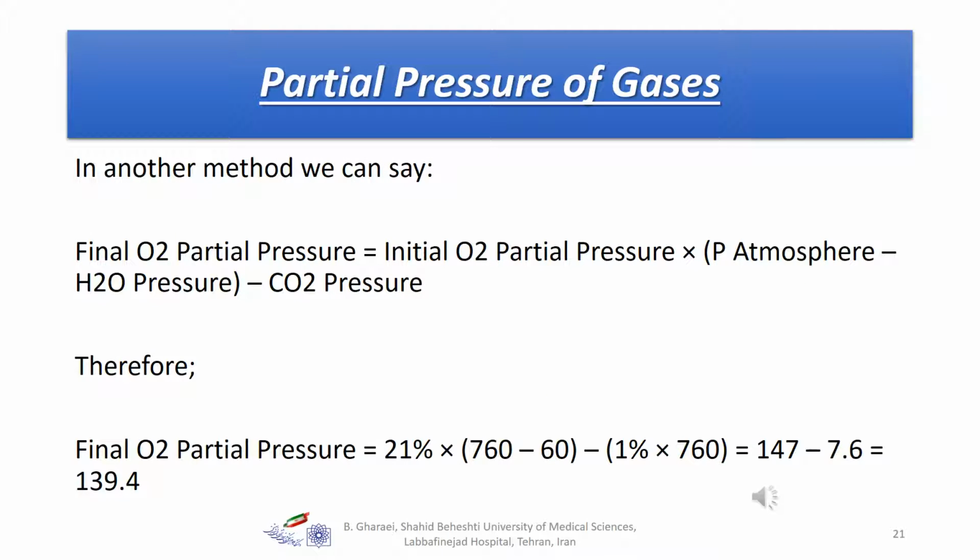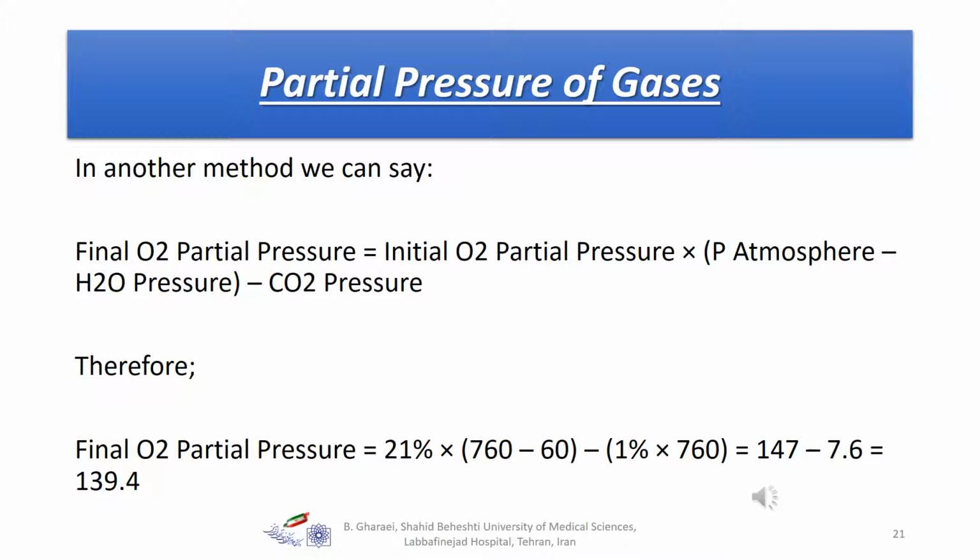We are continuing our discussion on partial pressure of gases. We come to the point that we found the partial pressures of carbon dioxide, oxygen, nitrogen, and water moisture in the room that we were discussing. So we come to another method to find the answer.